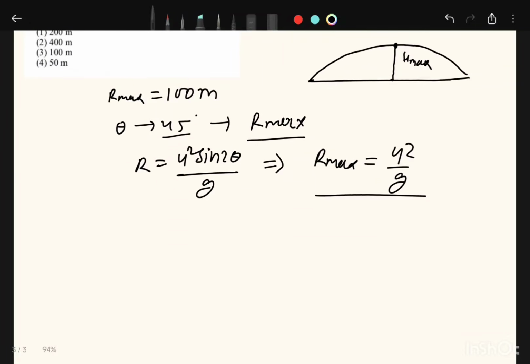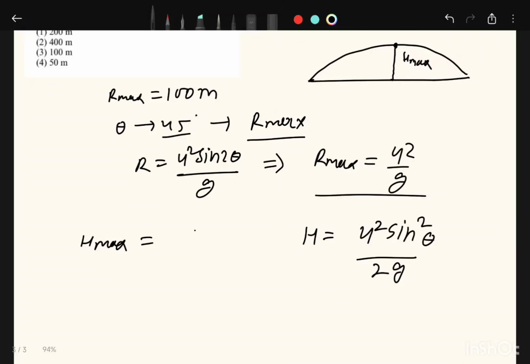Similarly, we have to find out h max. What will be the formula for h max? For h, we know it is u square sine square theta by 2g, right? For h maximum, theta is equal to 90 degree, so h max is u square by 2g. Now from the range formula, we already know u square by g.